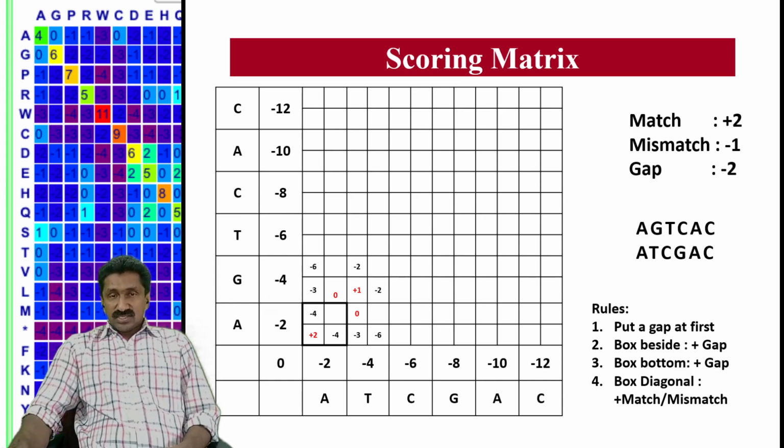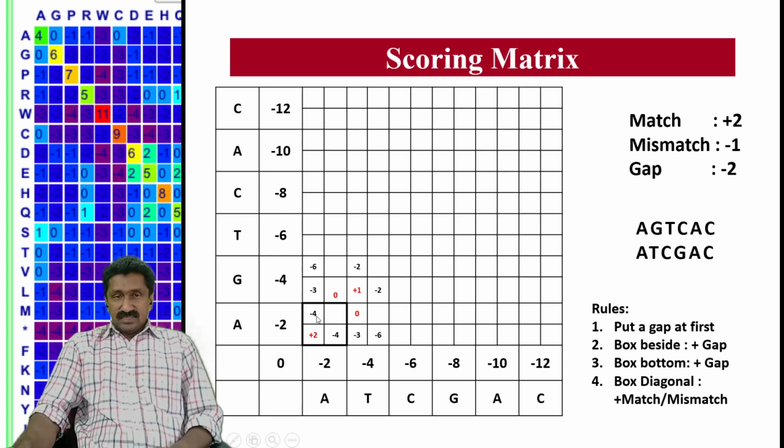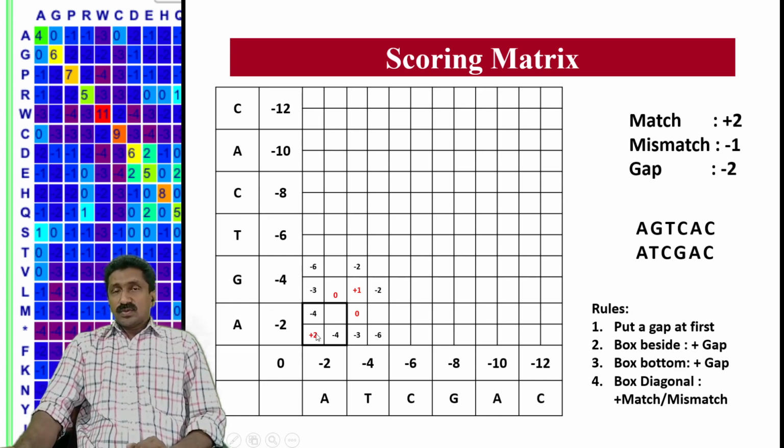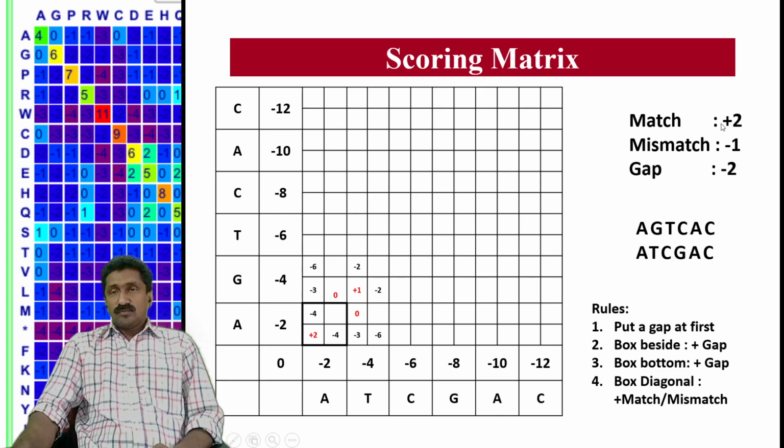If it is a mismatch, you will subtract 1 in the diagonal box. Let's see how this value is acquired. The initial value is 0. The sequence is matching because it is A and A. So for a match, when you are moving diagonally, you add the match value of +2.